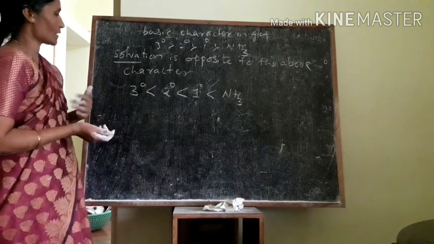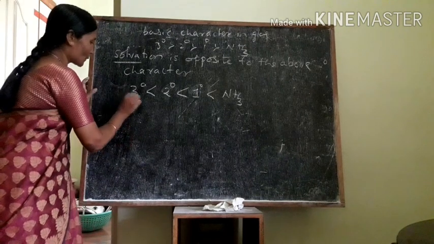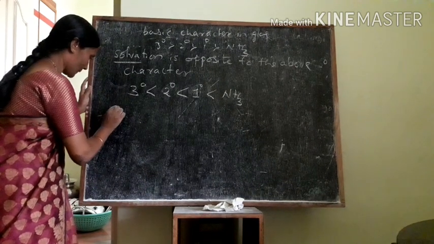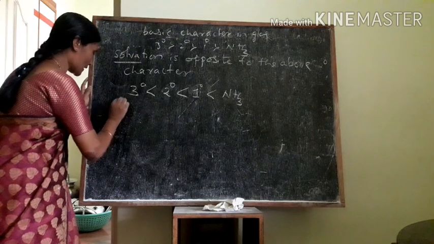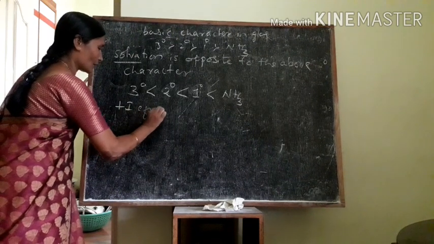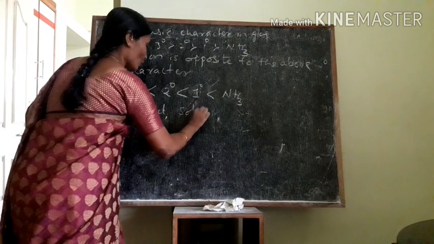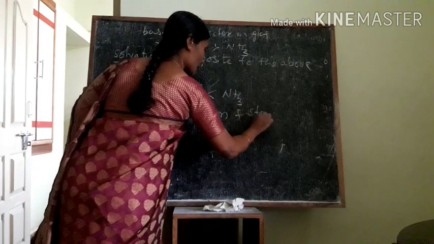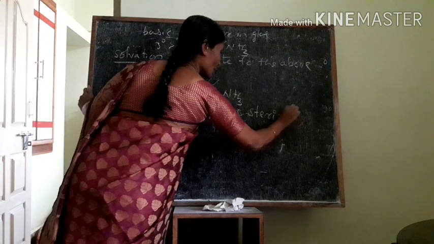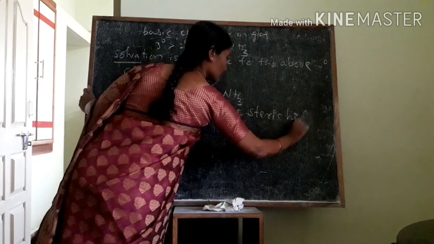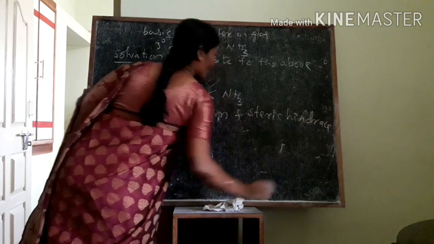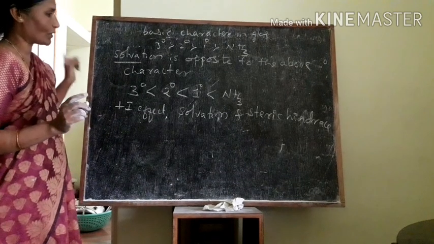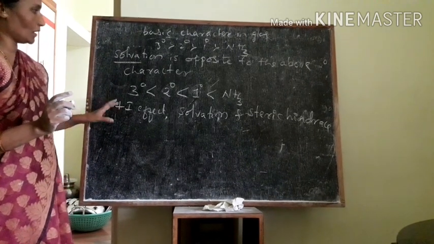Next, as we go on discussing this, we are interpreting all these three concepts. What we are interpreting here: the first point is the plus I effect. The second point is the solvation effect. And the third is said to be steric imbalance. If you come to know the conclusion, what is the basic character in case of aqueous amines?